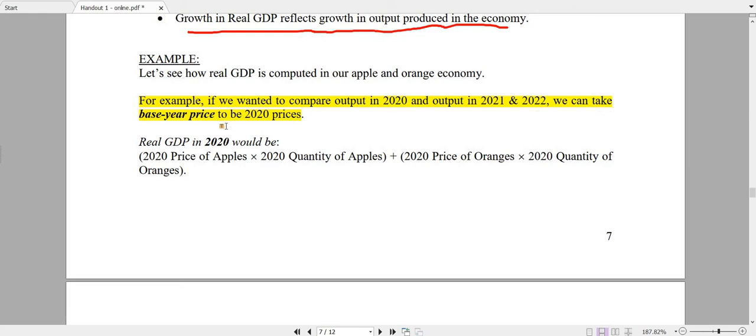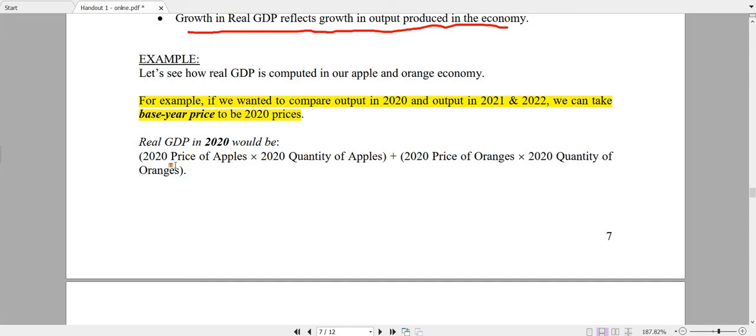Let's assume we take the base year price to be the 2020 price level. Hence, all comparison is going to be made relative to the base year. Again, we are assuming that in this simplistic economy, only two commodities are being produced, which are apples and oranges. So if you want to calculate the real GDP in 2020, how would we do that?